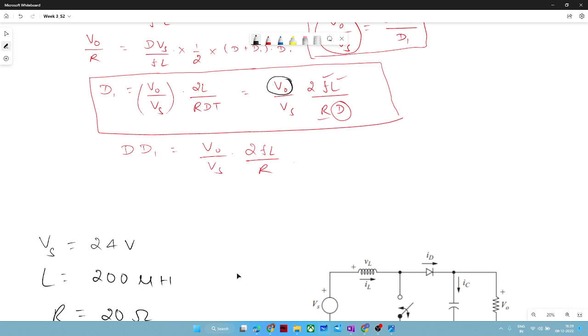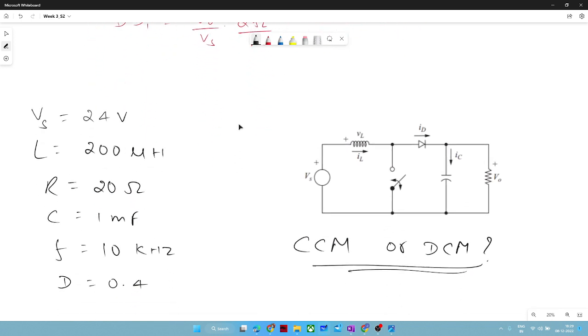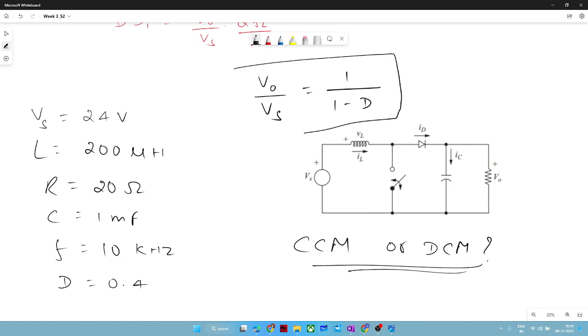V naught is present in the expression of d1, and it is not given in the problem. You cannot directly apply the formula of V naught by Vs equal to 1 minus d, because this formula is only valid for continuous conduction mode. Or you cannot apply the formula d1 plus d by d1. Why? Because d1 is not given, right?